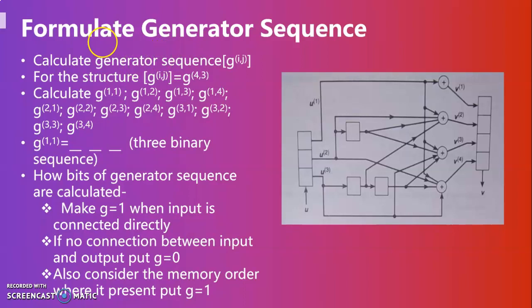Here, G suffix ij equals G suffix 4 and 3. Why? There are 4 outputs and 3 inputs. Therefore, it is indicated as G43. So I have to find out the links from G11 to G34. That means G11, G12, G13, G14, then G21, G22, G23, G24, G31, G32, G33, and G34.